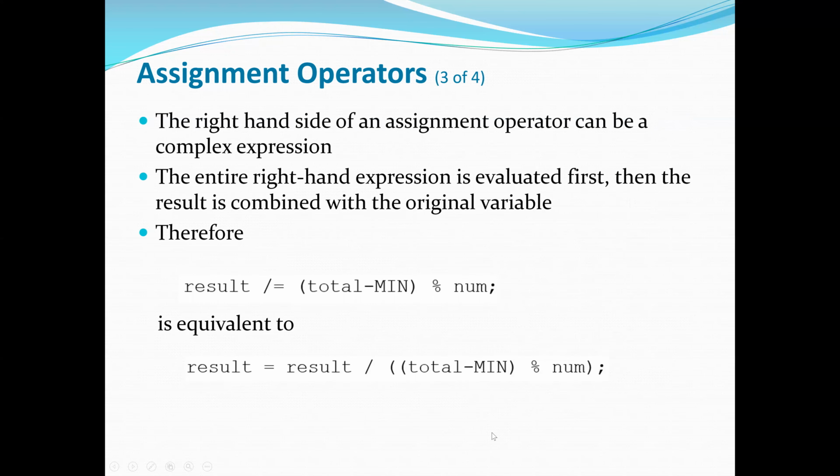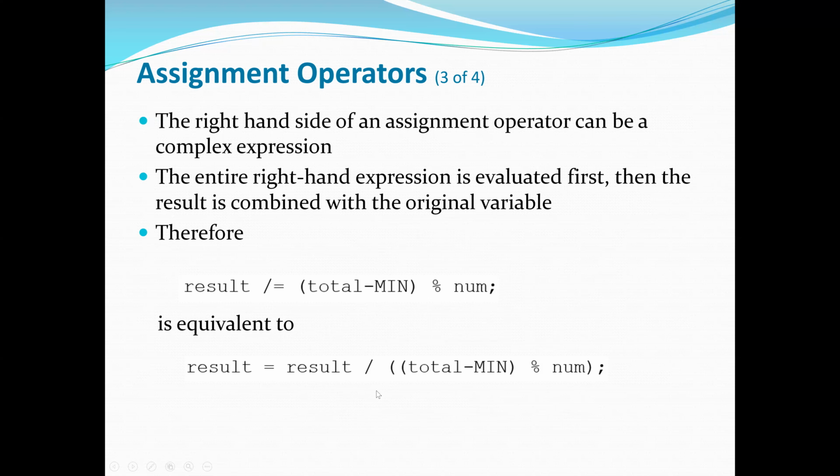So we said the right-hand side of an assignment operator can be a complex expression, as we see in this example here. So this example here means result equal to result divided by total minus mean modulus num. So we do our calculation, finish, and assign it to the result. So it's equivalent here. So we say again, the right-hand side of an assignment operator can be a complex expression.